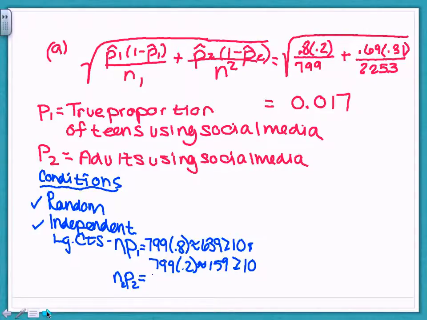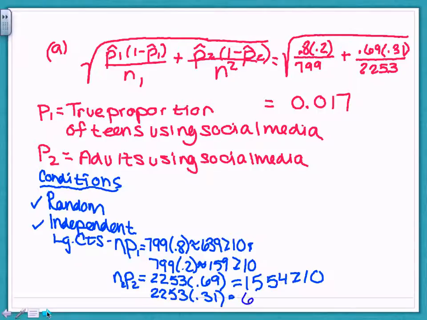So that was 2,253 adults. Successes, we're expecting 69% success. So that's 1,554, which is greater than or equal to 10. Then that would bring us to our failures. 2,253 times 0.31 would be 698, which is also greater than or equal to 10.